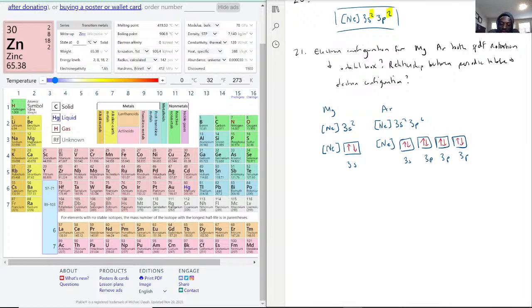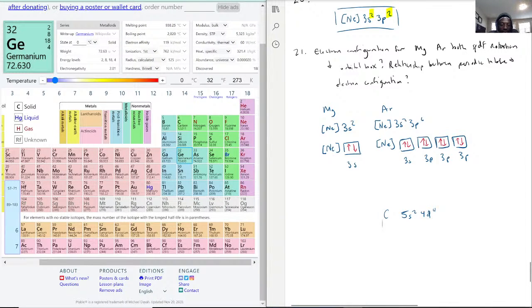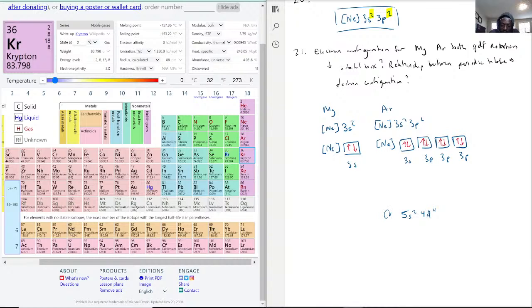So if I had, for example, 5s2 4d4, for it to start at 5, you know the previous element has to be krypton.